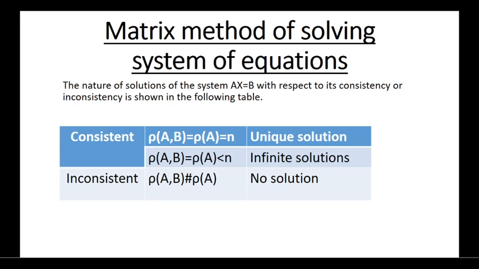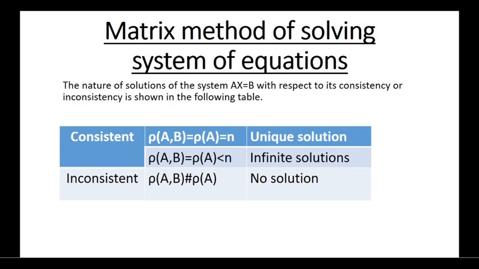and the rank of the coefficient matrix is also 3, and the number of unknowns x, y, z is also 3. Hence the system is consistent and it contains a unique solution.